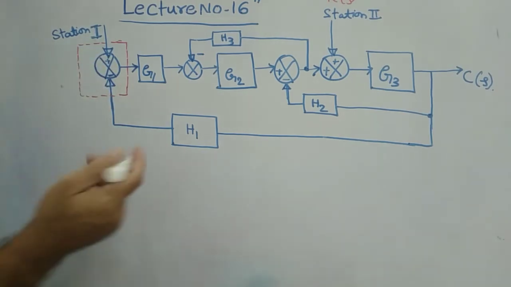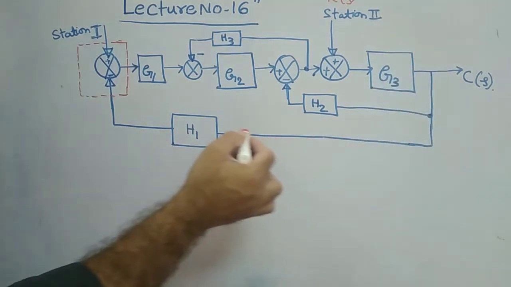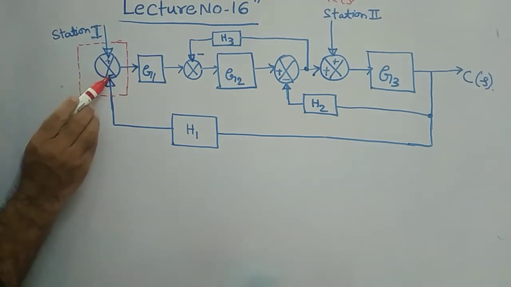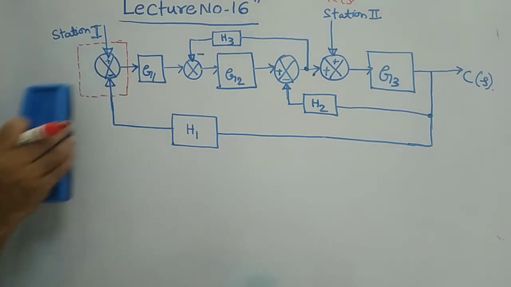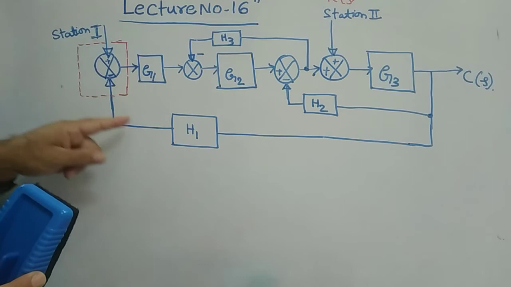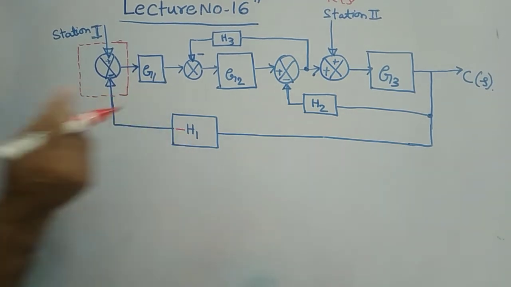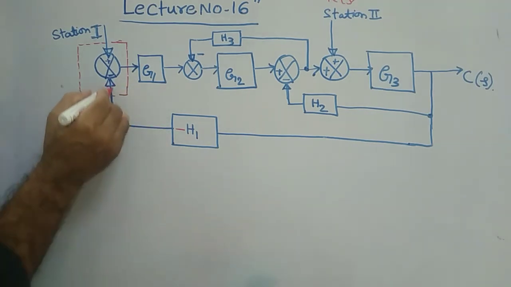Remember, this is the H1 coming from your output. It is a feedback loop coming to the summer with a negative sign. You can see this minus sign. Therefore, if you remove this summer, the minus sign will be added here. This connection is directly connected to G1.